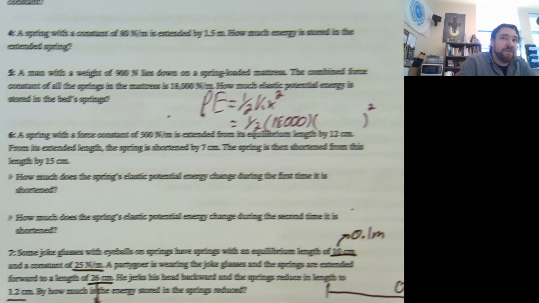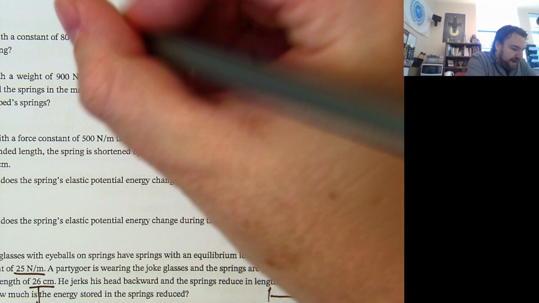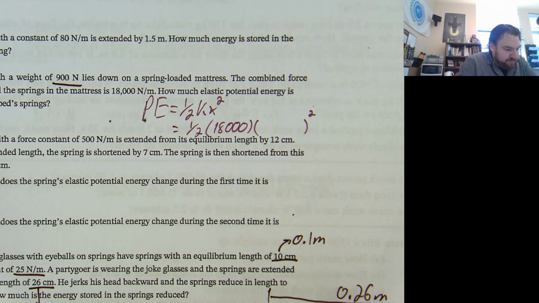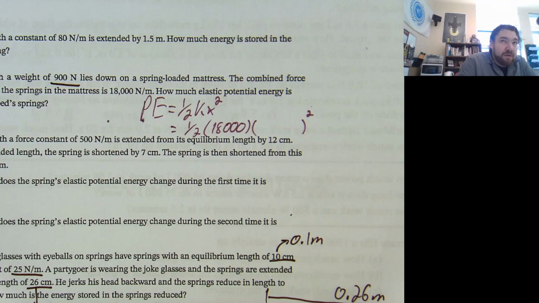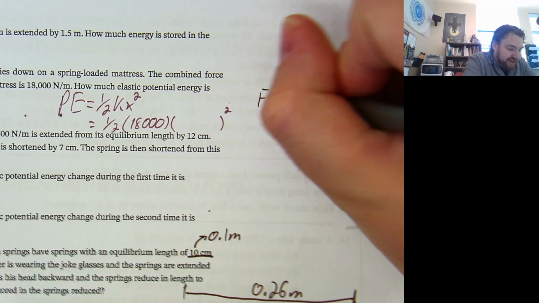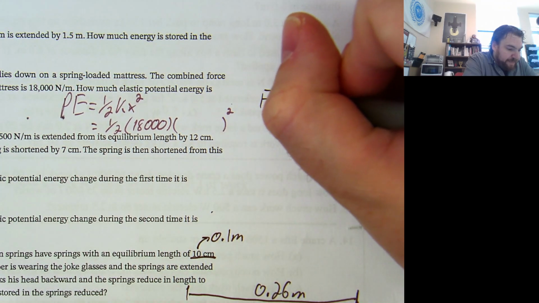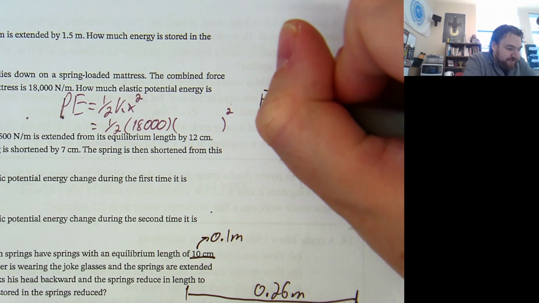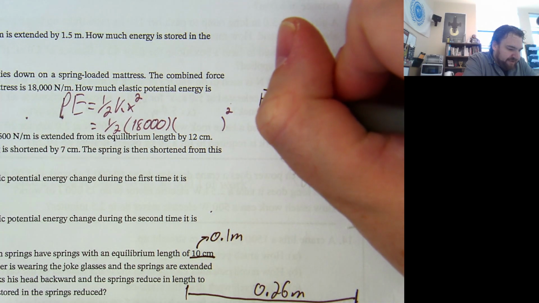We are told that he has a weight of 900 newtons. So to find the extension, we're going to have to bring this back to something we did last chapter, where we looked and saw that the force of, well, I'll write it out this way.